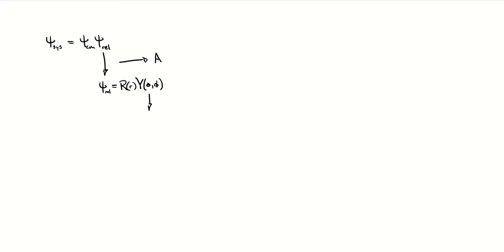We then did separation of variables again and wrote this angular part as two functions, one that only depended on the polar angle and one that only depends on the azimuthal angle. In this case, we had to add another separation of variables constant, b, that we had to figure out.